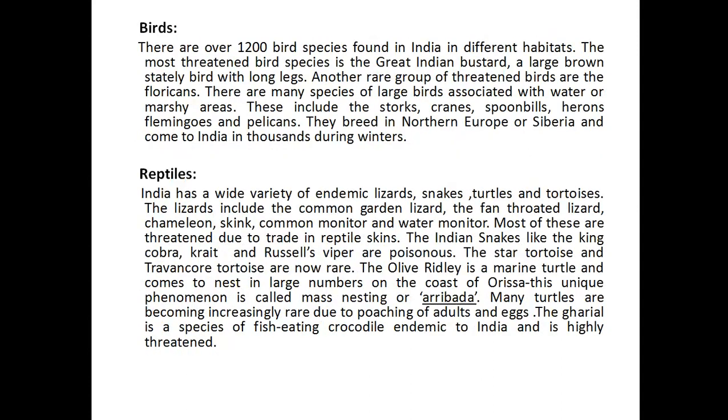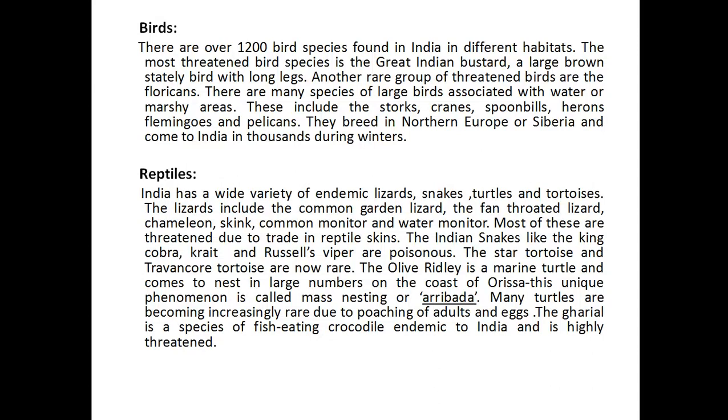And among the birds, there are over 1200 bird species found in India in different habitats. The most threatened bird species is the great Indian bustard, a large brown stately bird with long legs. Another rare group of threatened birds are the floricans.